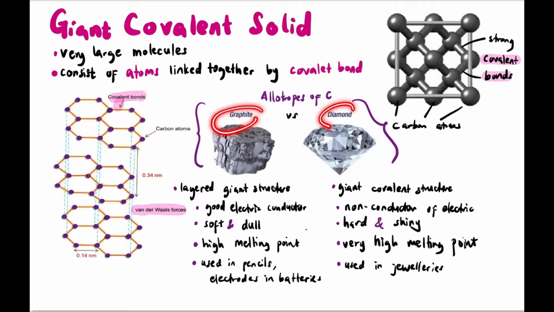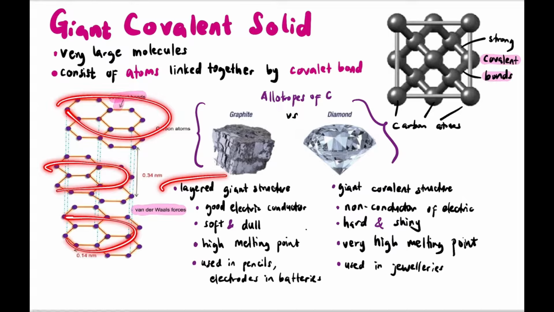Last but not least, giant covalent solid. It is a very large molecule. For example, we take graphite and diamond. Both contain carbon. They consist of atoms linked together by covalent bond. For diamond, this is its arrangement, bound by very strong covalent bonds. Graphite is bound in layers, where between one layer and another there are van der Waals forces.